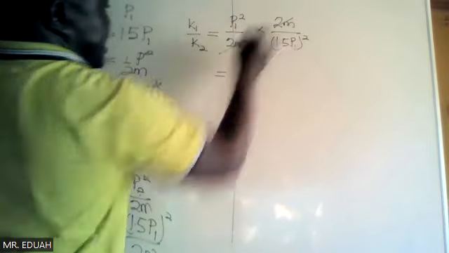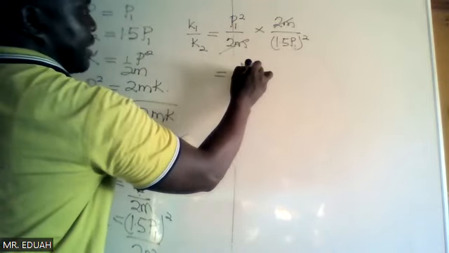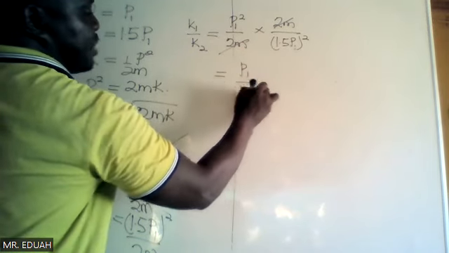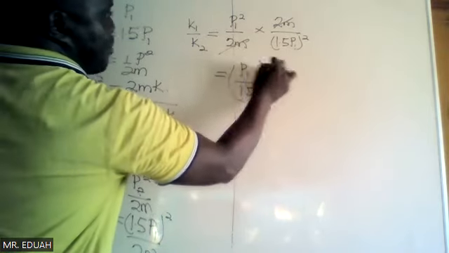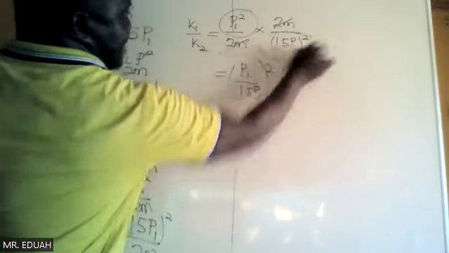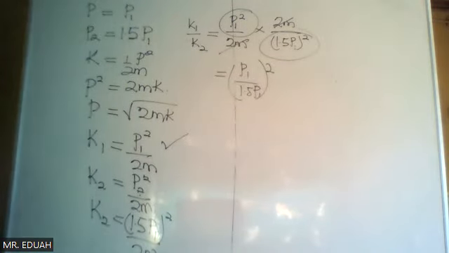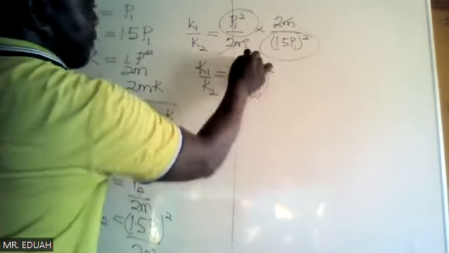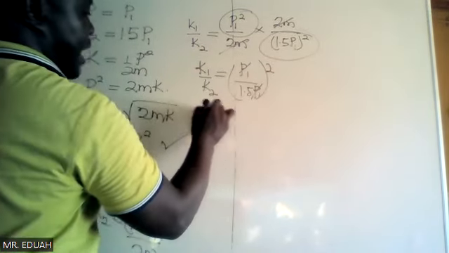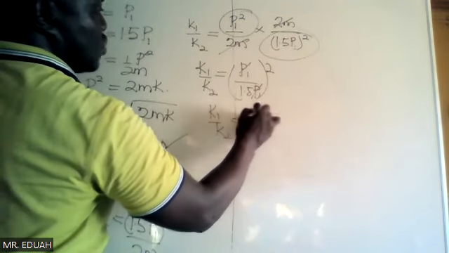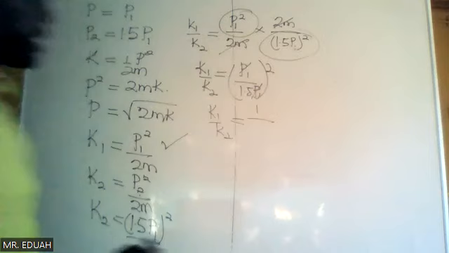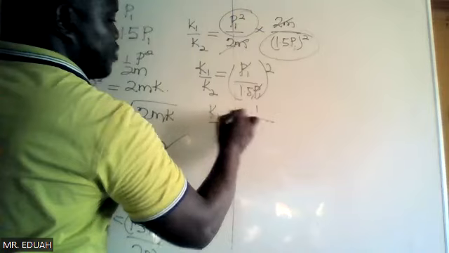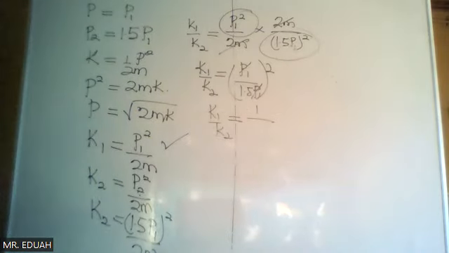So this and this cancel, and we have P1 on 1.5 P1, all squared. We can put these two under the same umbrella, all squared. So we have K1 on K2 equal to 1 on, what is 1.5 squared? What is 1.5 squared? 2.25.